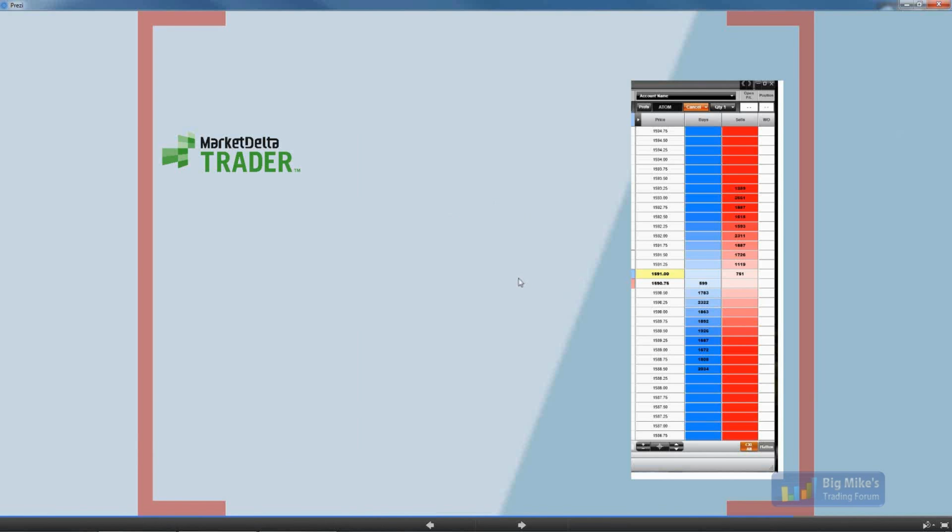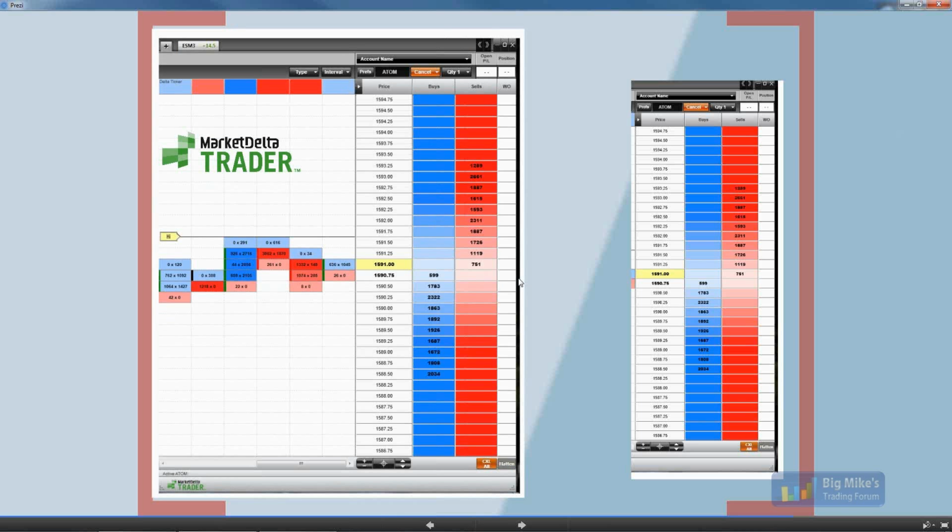So if I pull up the next slide, it's hitting this arrow right here, and it opens up the left side of this DOM where you tie in a footprint next to the ladder. So you not only could keep track right at this particular moment of aggressive buyers and sellers, and remember, let me go back to the pen.